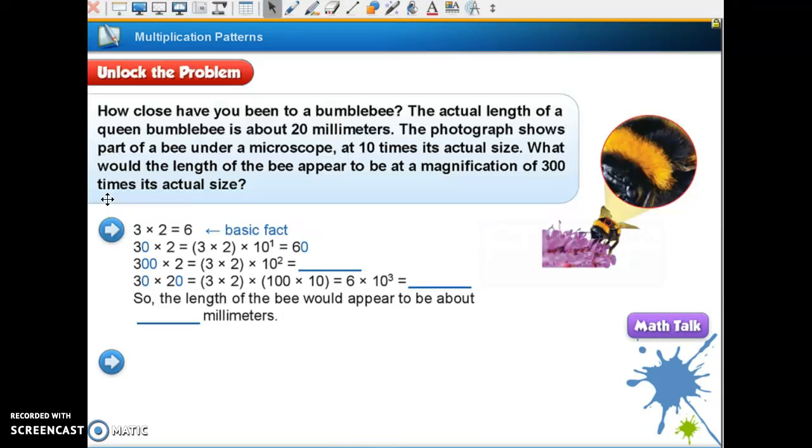So we're magnifying it with our 10 to the second power, that's 100. So 3 times 2 is 6 times 100 times 10. And then we have 2 times 3 is 6 and 100 times 10 is the third power of 10.